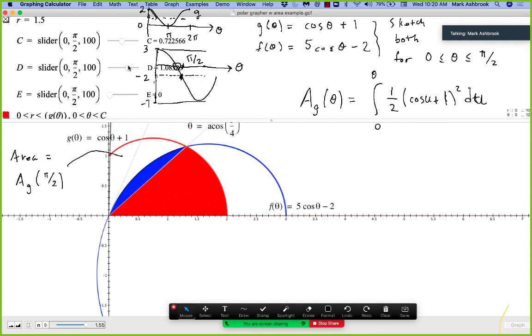Did you see it? So this is what I want. I want the accumulation of area in the polar graph like that, but then when we get to that intersection point, we start accumulating like that.